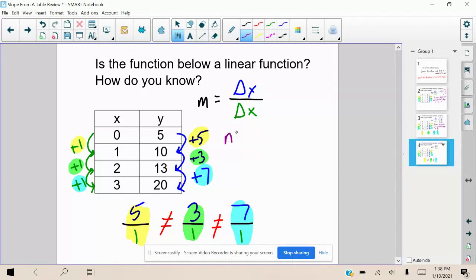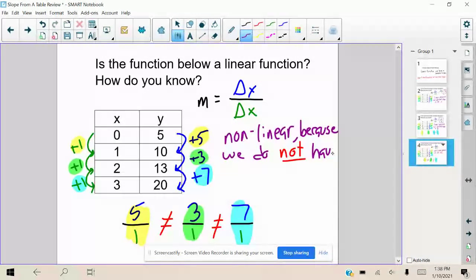This is going to be a non-linear, again, because we do not have a constant slope. So since we did not have a constant slope, the overall values of those changes were not the same. This means we do not have a linear function. So we have what we call a non-linear function.